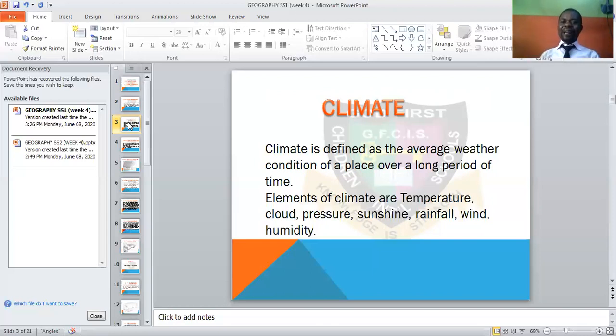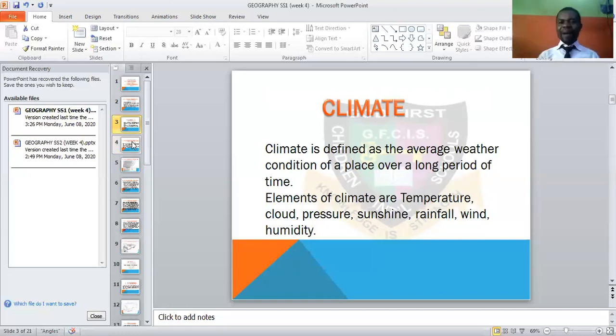We are just going through them before we go deeper. They include temperature, cloud, pressure, sunshine, rainfall, wind, and humidity. These are the elements of climate that we already know.